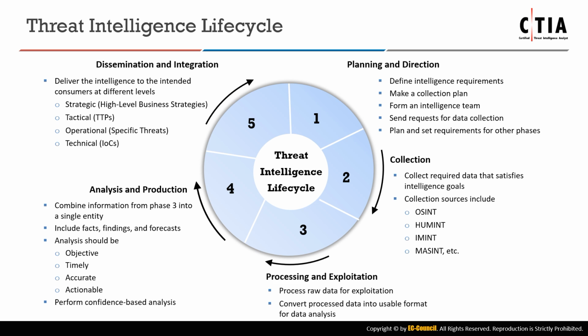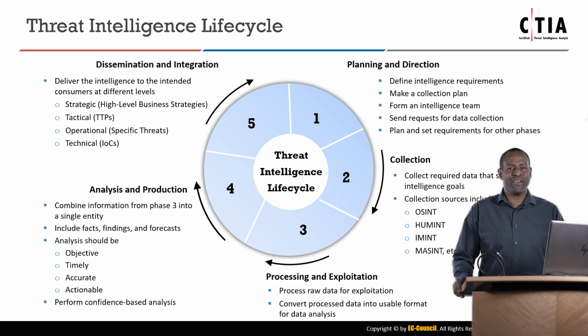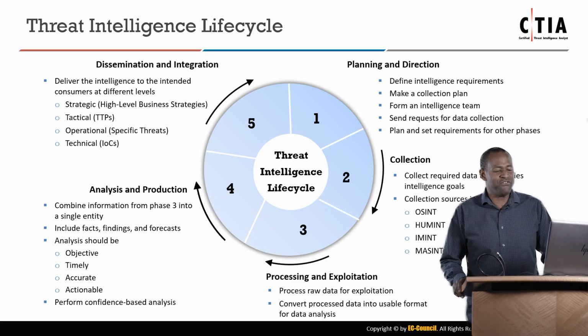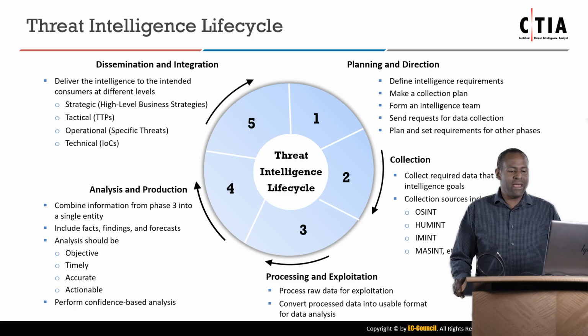So if we look at the upper right quadrant, number 1, we have planning. We always start with planning. I've worked with many employees in the past and many organizations that want to go immediately into implementation. Hey, I heard a solution, let's just install it. But no, we need to plan first and foremost, define what our requirements are going to be, make a plan, form a team, an intelligence team.